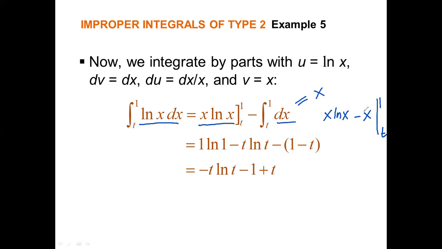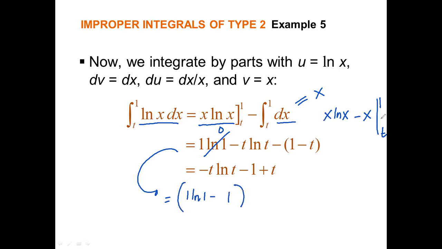Now, the upper limit is 1, you just substitute 1 ln of 1. We know that this one is 0. And then for the x, which is 1. So specifically, class, if you're going to write this, you have 1 ln of 1 minus 1. That's your upper limit.